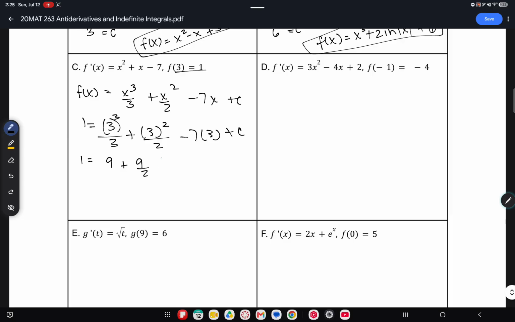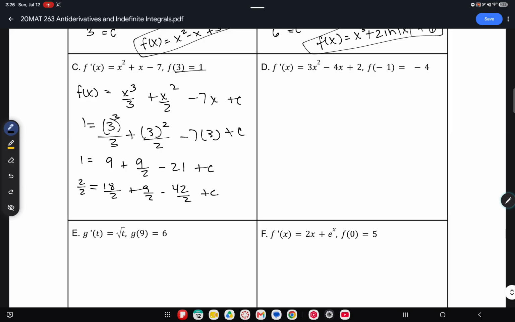And then that's 9/2. And then that's 21. Let's get everything in 2's. So that'll be 2 over 2, equals 18 over 2 plus 9 over 2 and 42 over 2.